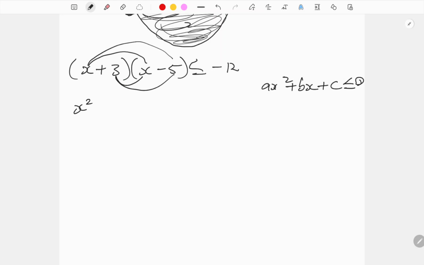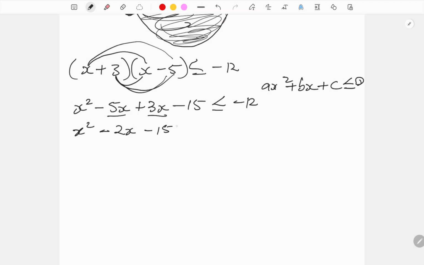So it's going to be x squared minus 5x plus 3x minus 15 is less than or equals to minus 12. x squared, and then there are like terms. 3 minus 5 is going to be minus 2x minus 15.